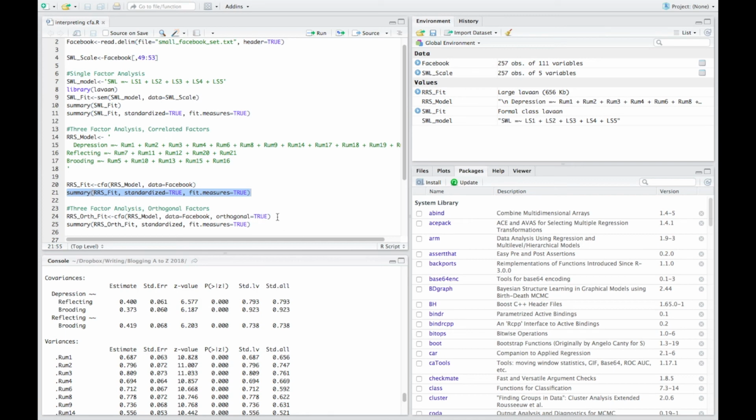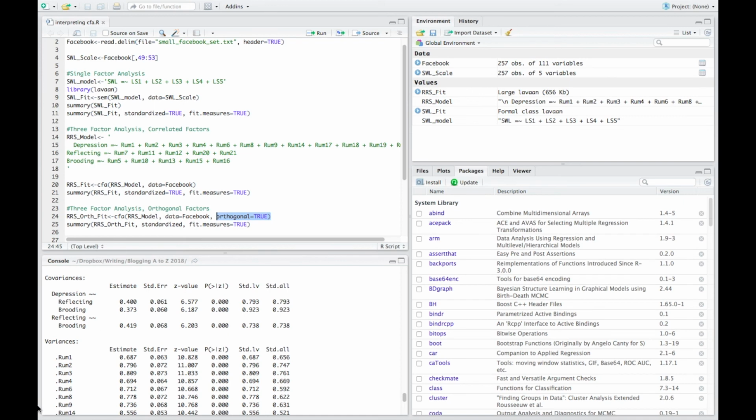I talked briefly in the F is for factor analysis post about setting orthogonal equals true, which means not allowing the factors to correlate. And this you do for hypothesis testing to see if these factors are so strongly correlated that by telling the program, no, do not let them correlate, the fit of the model actually gets worse.